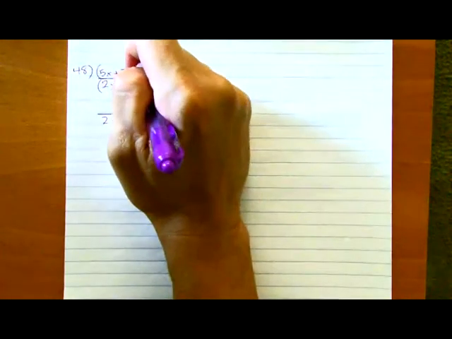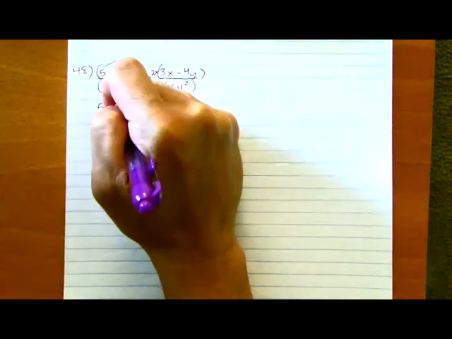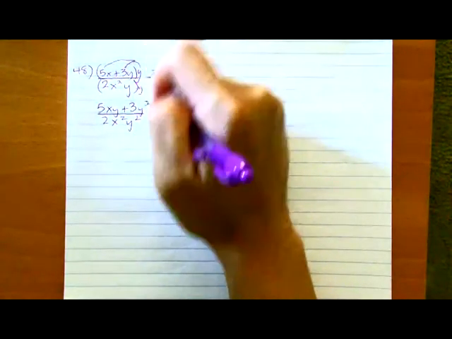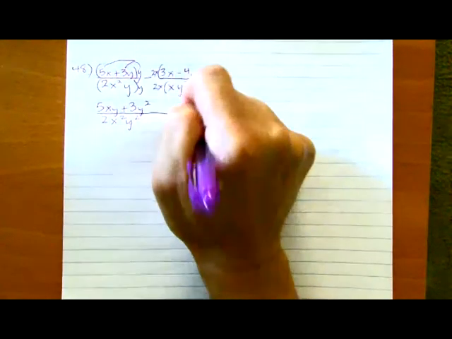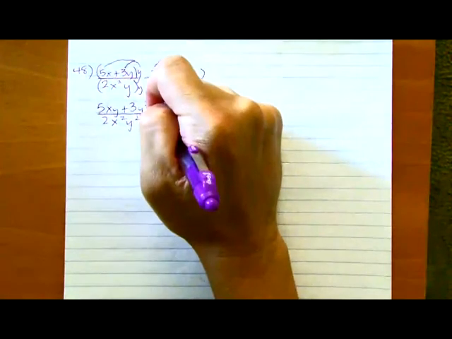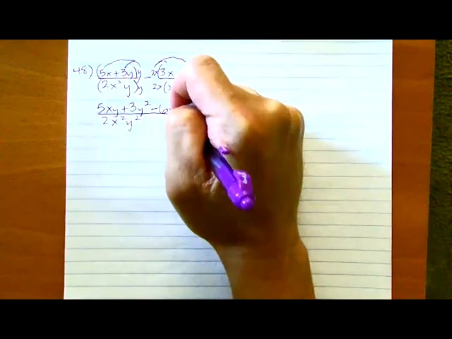If I distribute the y, 5xy plus 3y squared. Okay, the numerator. I'm going to distribute the negative 2x to both terms. Negative 6x to the second plus 8xy.